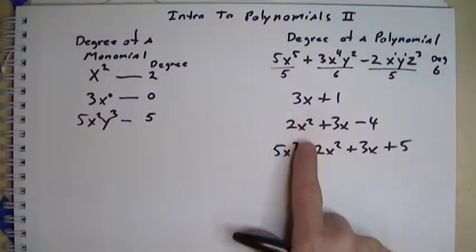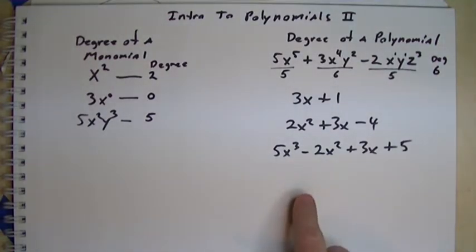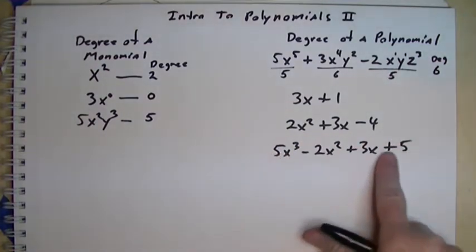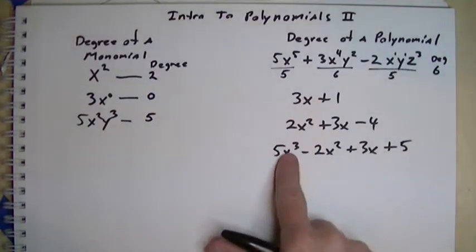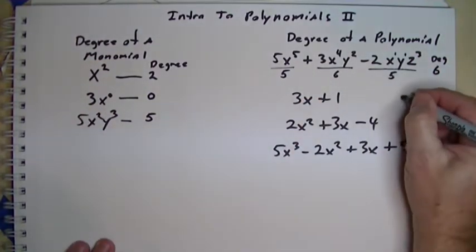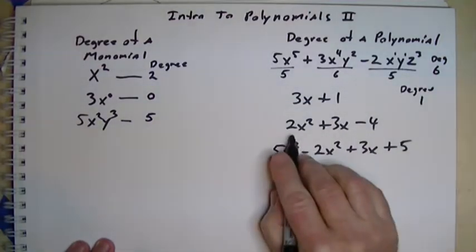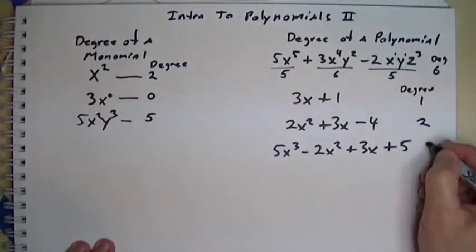So the term with the highest degree is always on the left. We'll talk a little bit more about that when we wrap this video up. But in situations like this, where they're written in this form, you know the term with the highest degree is always on the left, then you can quickly evaluate these. And you can say this has a degree of 1. This one here has a degree of 2. This one here has a degree of 3.